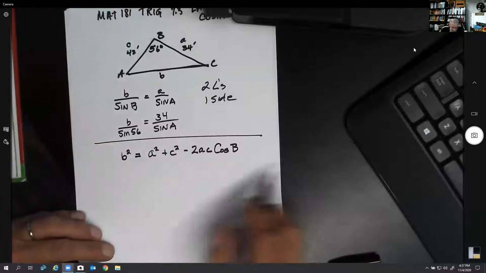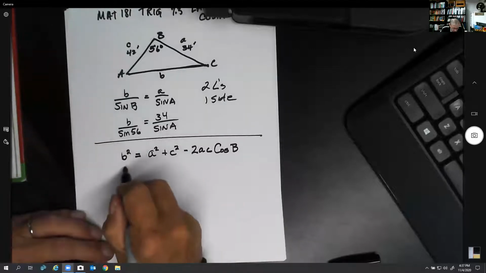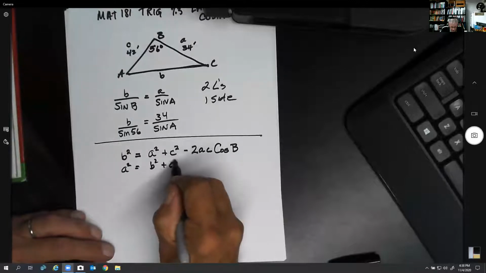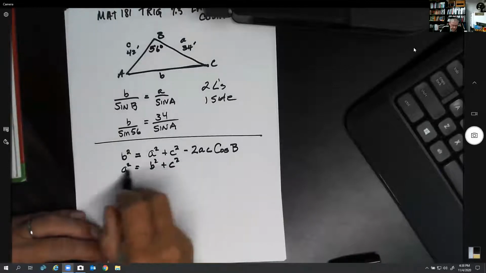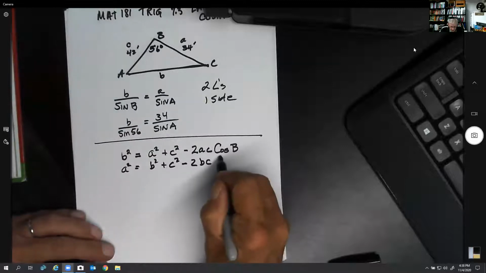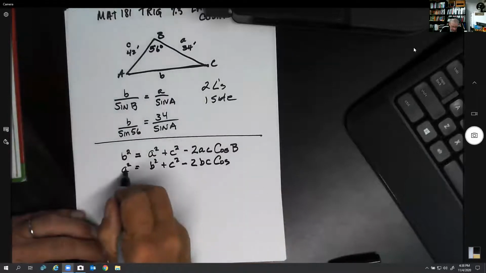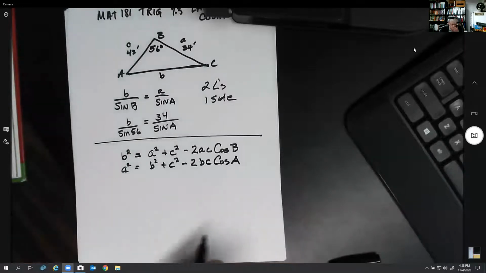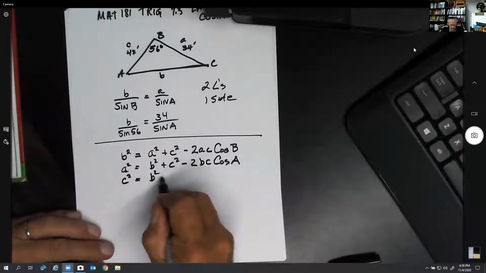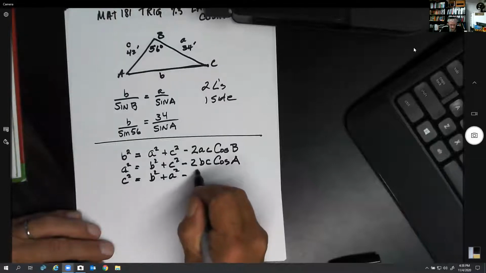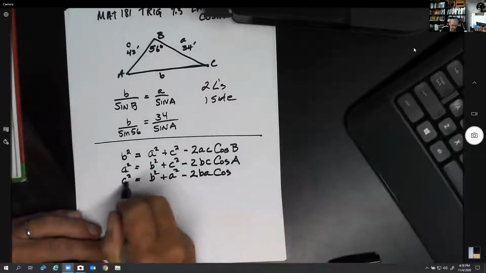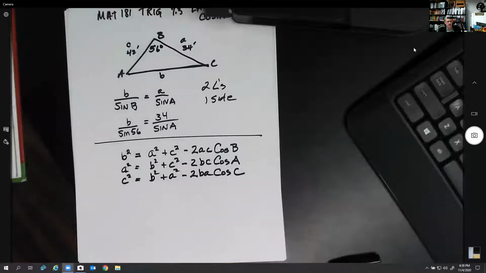We also have another one. Let me put them all down here. A squared equals B squared plus C squared, kind of like the Pythagorean theorem, minus 2BC, and then the cosine of whatever you start out with, angle A. Or we could have C squared equals B squared plus A squared, or you could switch them, minus 2BA cosine C. So these are the three laws of cosines.